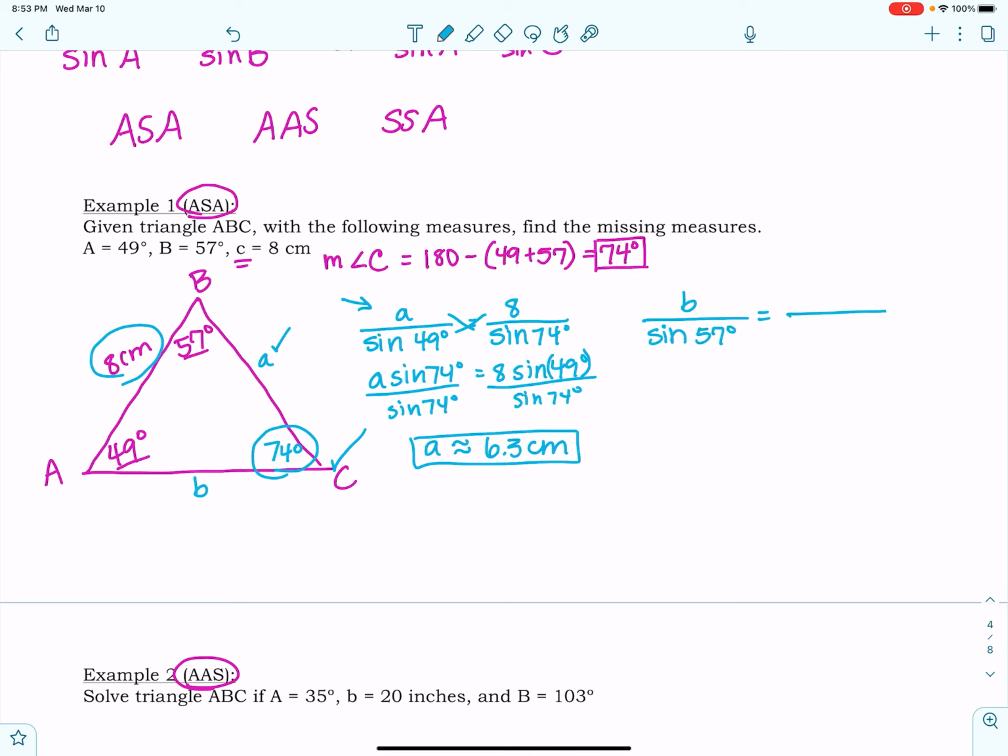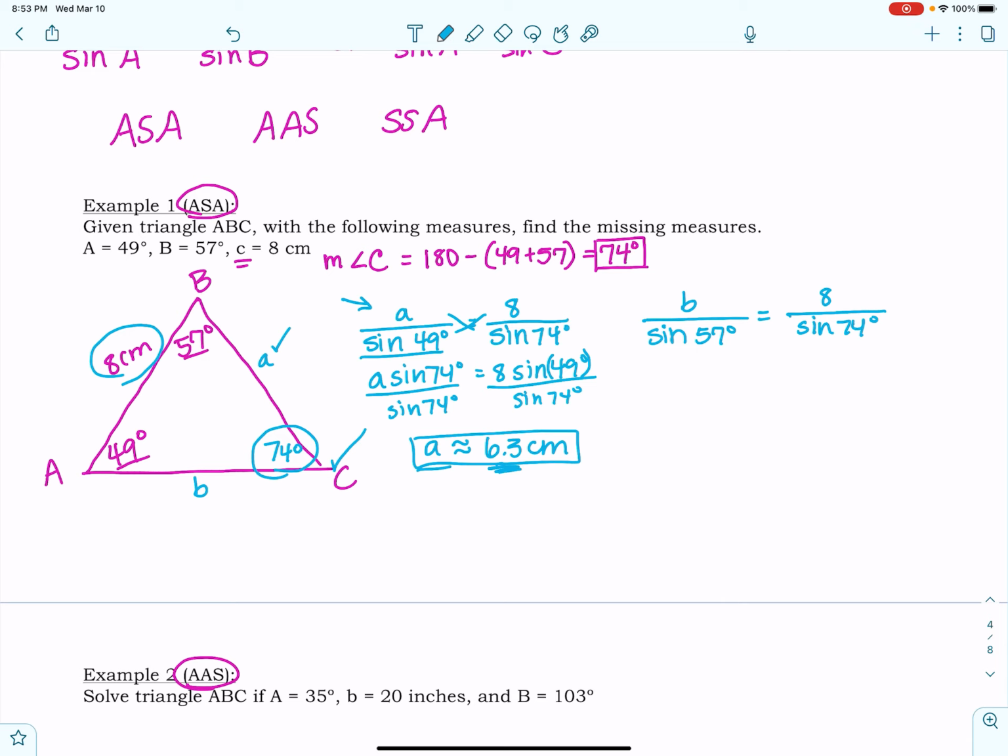And then I am just going to use that relationship between 8 and the sine of 74 again. I don't want to use A and the sine of A because this is a rounded value and 8 is not rounded. It was given to us. So it's going to be a more accurate situation.